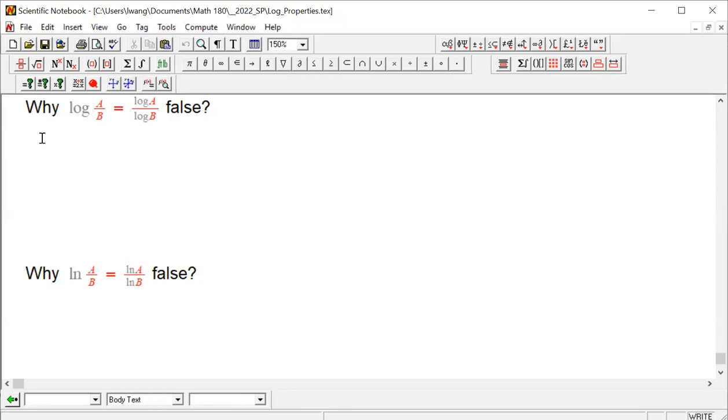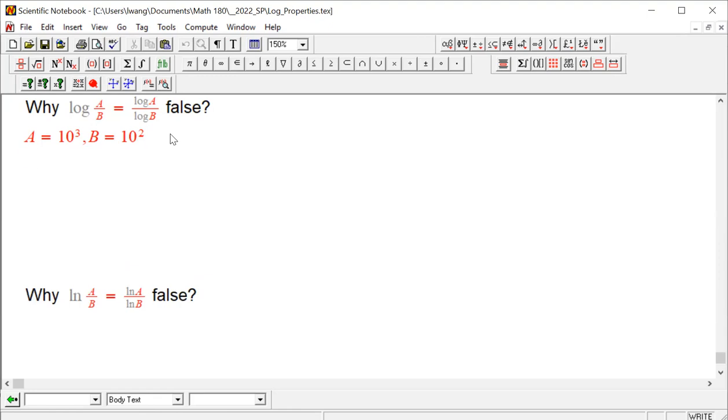Okay, so let's look at the common log case, right? In the common log case, I'm going to choose a equals to, say, 10 to the power of 3, right? b, I'm going to choose it to be 10 squared.